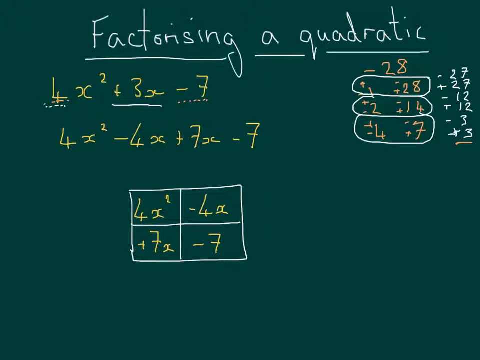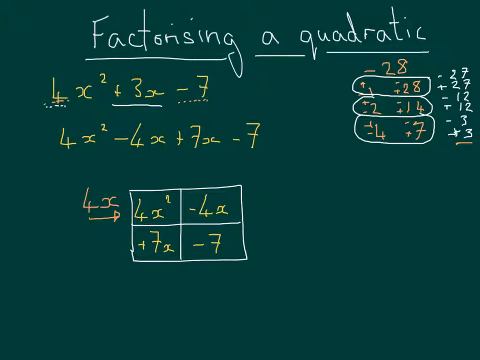Remember, it does not matter which way round we put the minus 4x or the plus 7x. They could be in different boxes, it will not matter. And looking across this way, what does 4x squared minus 4x have in common? Well, they both have a 4 in them. 4 is the highest common factor in both parts, and they both have an x in them.